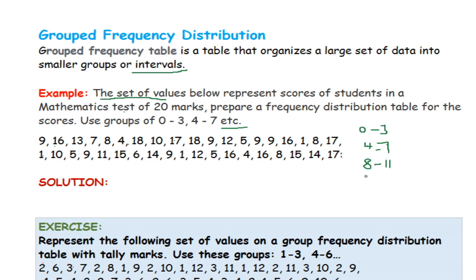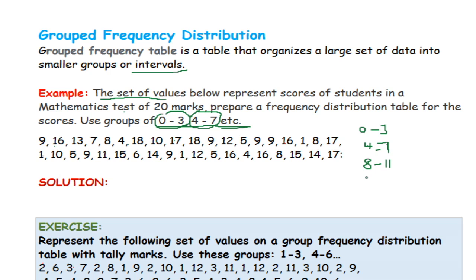That's what you are going to do if you are not given all the groups. Most times you'll be given some of the groups, like 0 to 3 and 4 to 7, and it's left to you to study them and write out the other class intervals based on your observation.